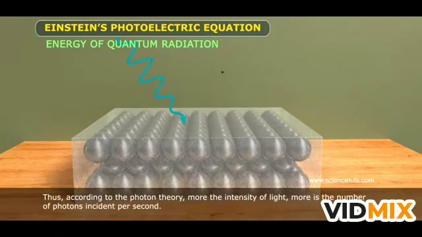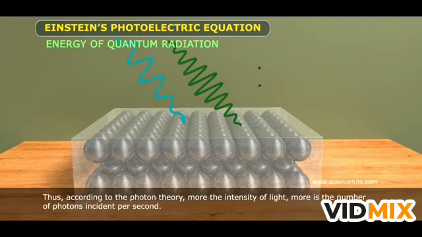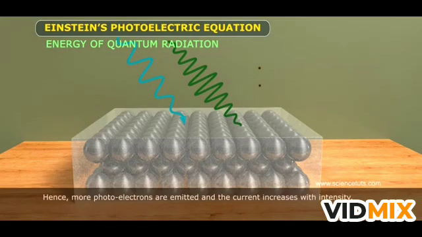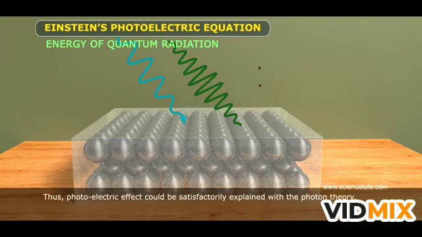Thus, according to the photon theory, the more the intensity of light, the more is the number of photons incident per second. Hence, more photoelectrons are emitted and the current increases with intensity. Thus, the photoelectric effect could be satisfactorily explained with the photon theory.